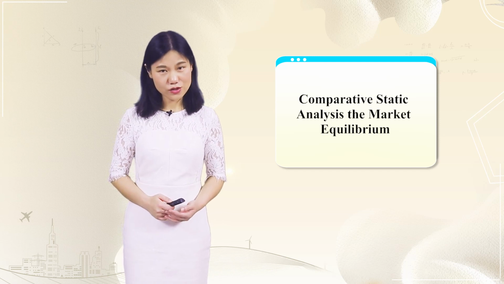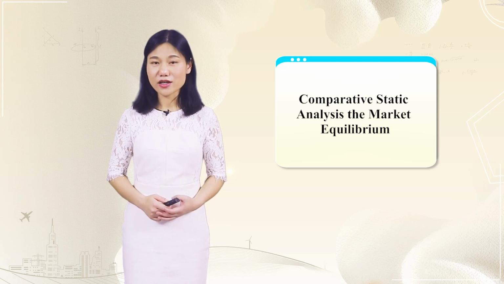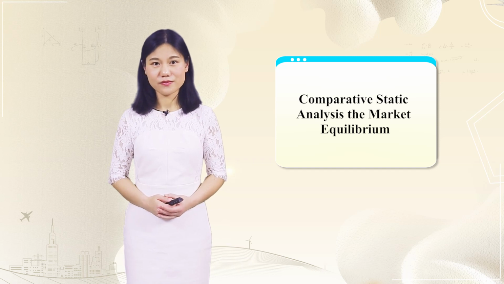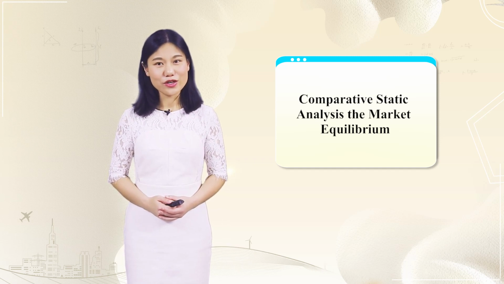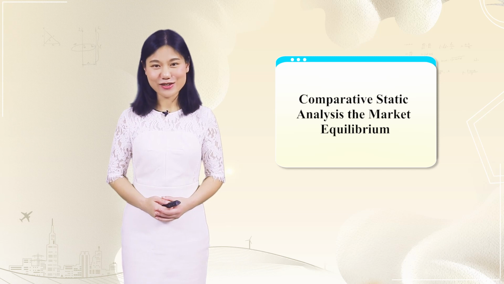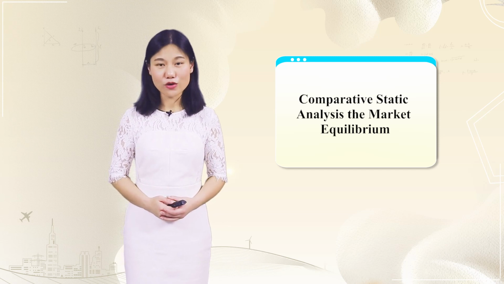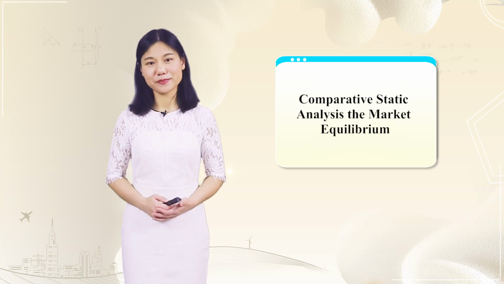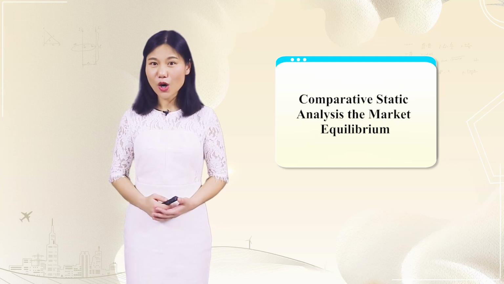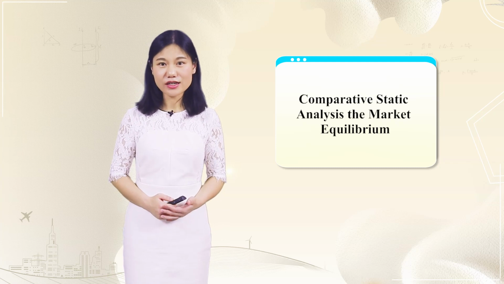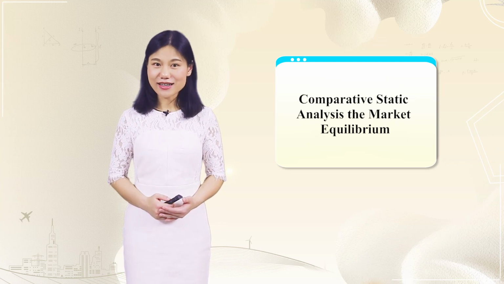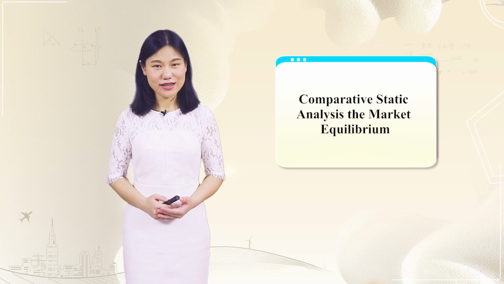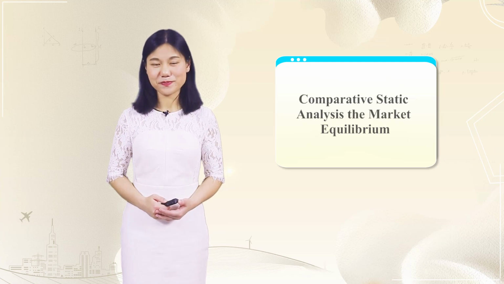If those factors change, the market equilibrium also changes. So we use comparative static analysis to examine how equilibrium follows the change in demand or supply. And now we try to use this method to discuss how the tax policy influences market equilibrium.